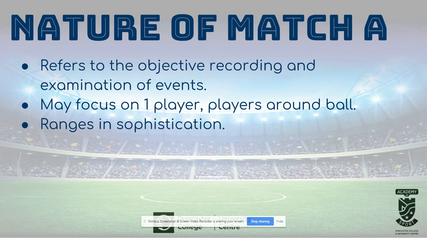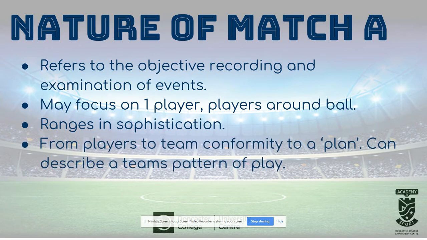It ranges in sophistication from players to team conformity to a plan. So it can be as simple as how many passes in a game, all the way up to describing a pattern of play and to sort of make sure the almost culture or ideology of the football team is being portrayed on the pitch.